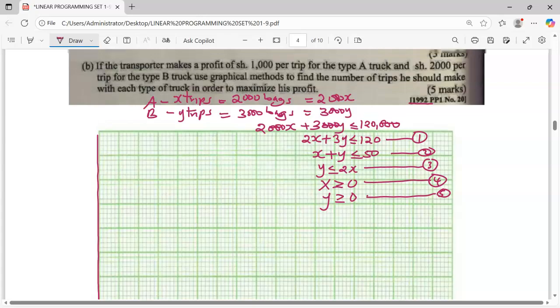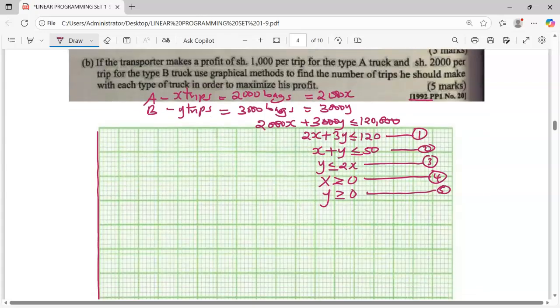Once we have done that, remember we are supposed to plot the information on the graph, and for us to do that, we begin with the first one, which is 2x plus 3y less or equal to 120. Then we make a table for that, x and y. We can use 2 points in this case.